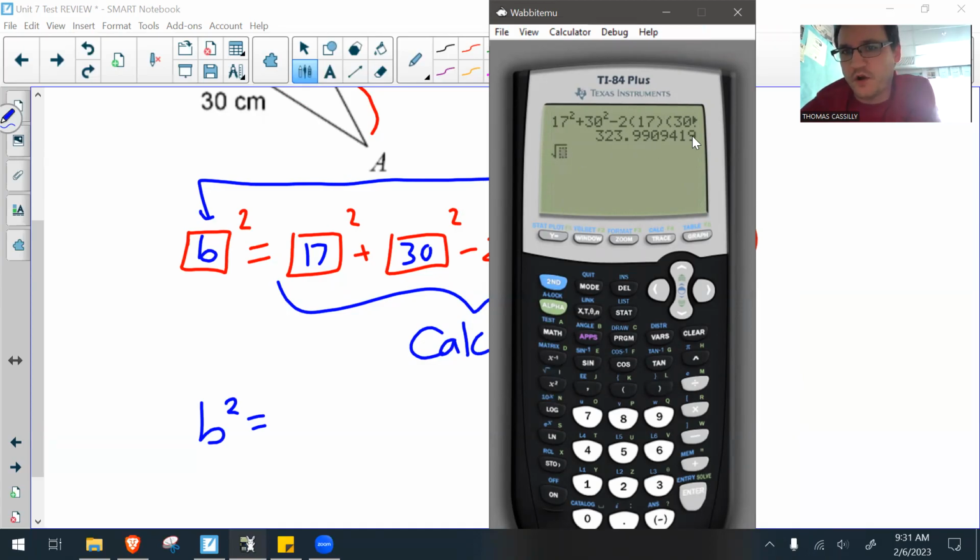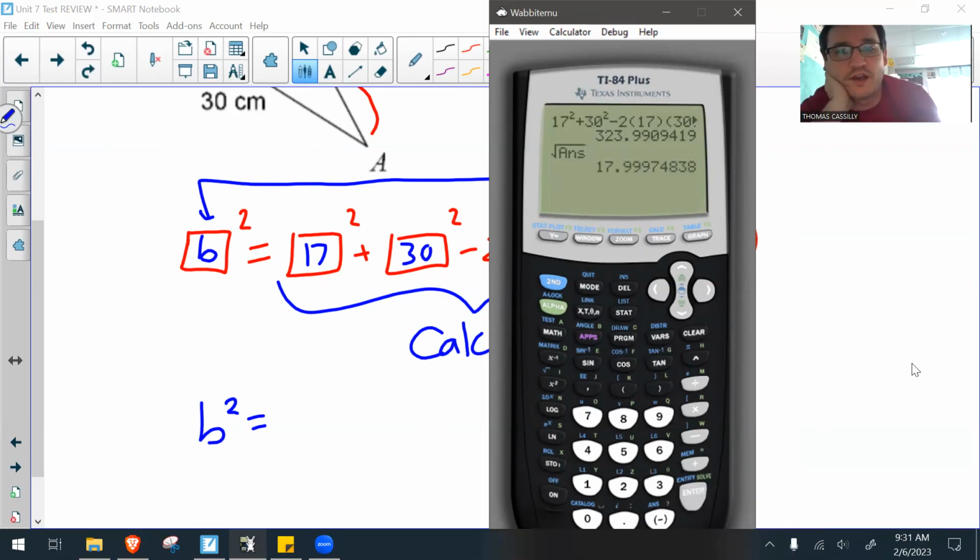So instead of typing all of this into your calculator, press the second button again, and it brings up that little arrow here. And then down at the bottom of your calculator, you have the negative button. Right above it, it says ANS. That ANS stands for the previous answer. So you're going to take the square root of the previous answer, which is 323.9909419.